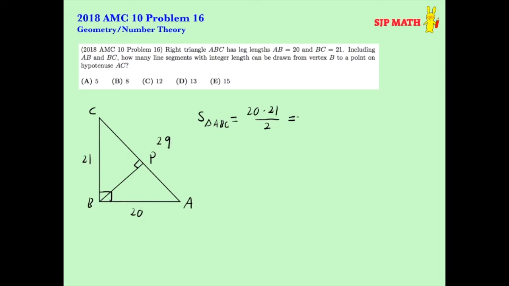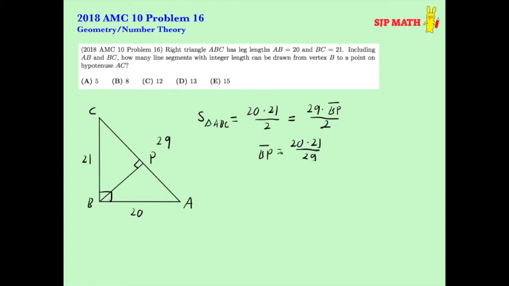AC is equal to 29, so 29 times BP over 2. So here we get that BP will be equal to 20 times 21 over 29. Let's write that down: BP is equal to 20 times 21 over 29. And we can clearly see that 20 times 21 is not a multiple of 29.